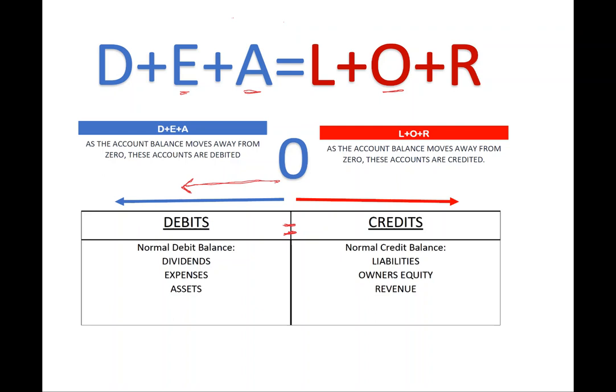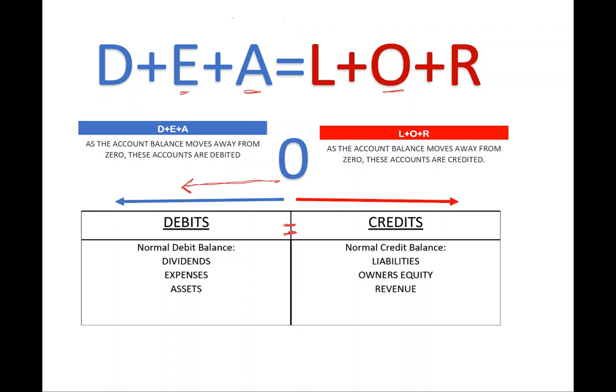Right? When we are dealing with an increase in our expenses, when that number is moving away from zero, or an increase in dividends, again, we will be debiting those accounts to record that increase in the balance.